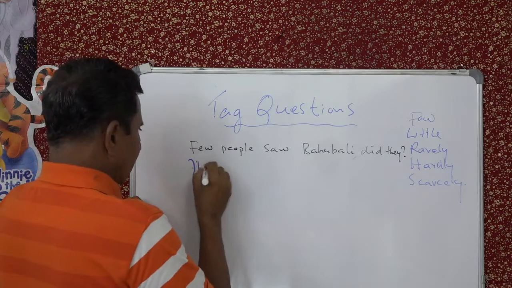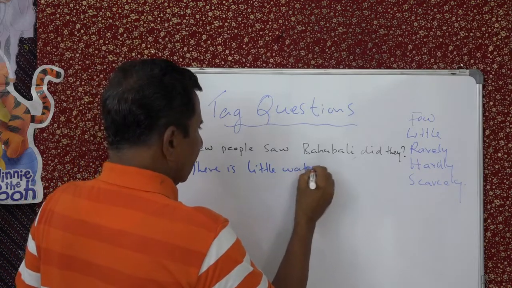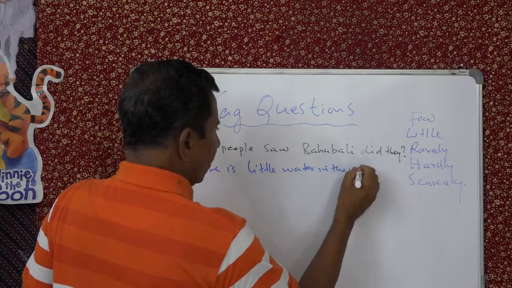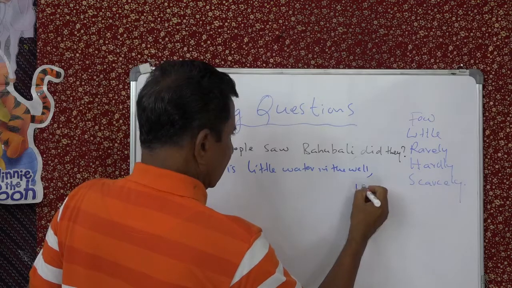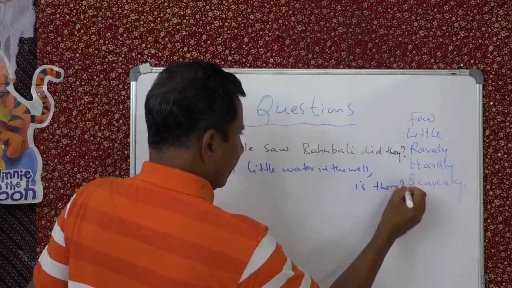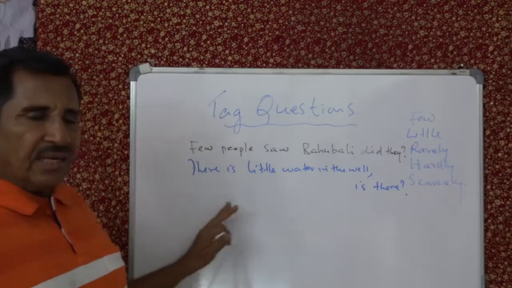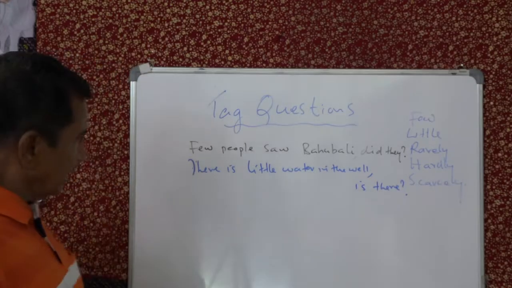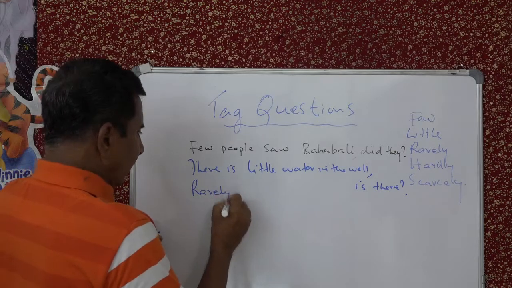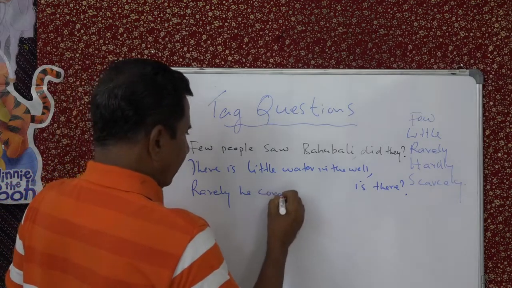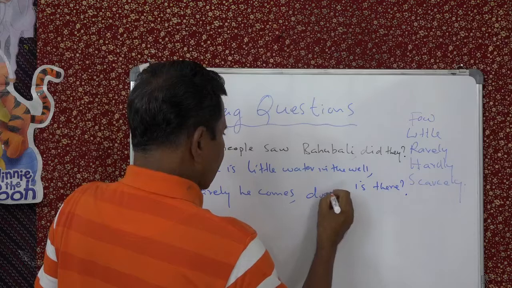There is little water in the well, comma, and what will you do? Is there. There is repeated. Is there. If the sentence begins with "there is," it is repeated in the tag: is there. The next, rarely he comes, comma, then does he.